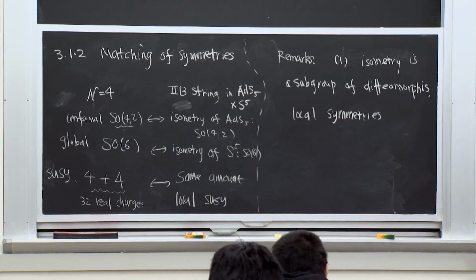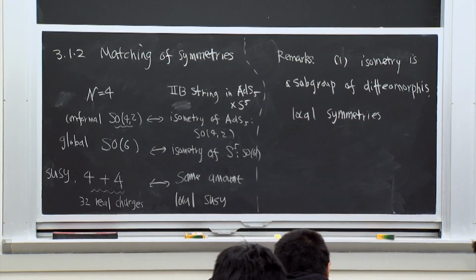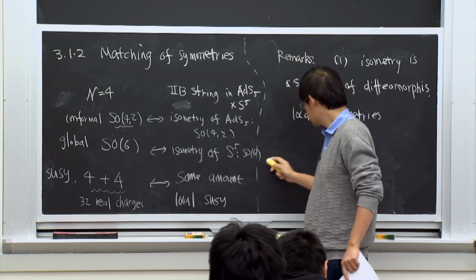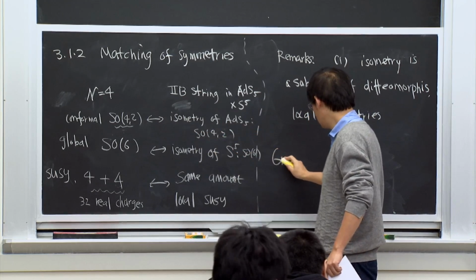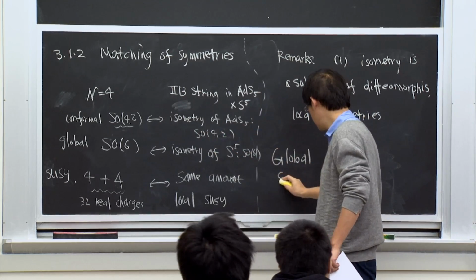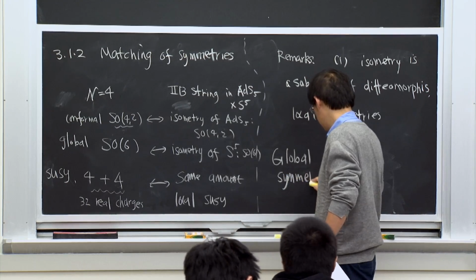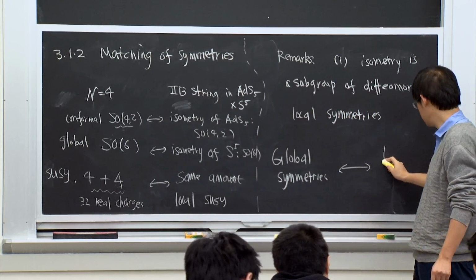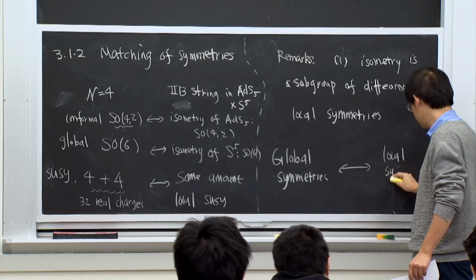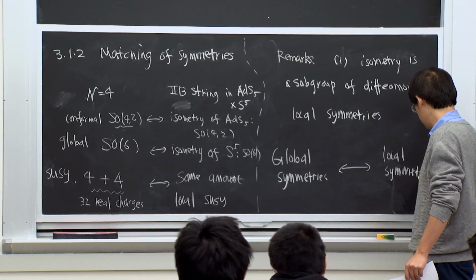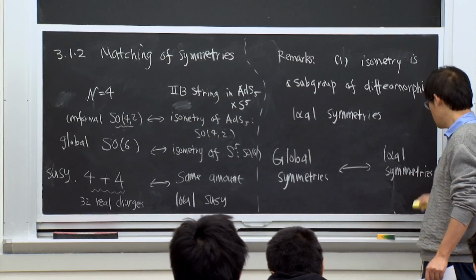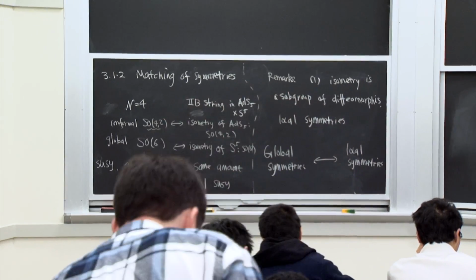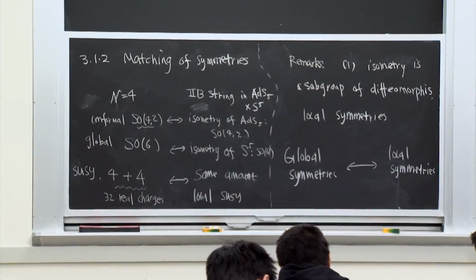So now we find the mapping is that the global symmetries on the field theory side are mapped on the gravity side into local symmetries. So for each global symmetry on the field theory side, there's a corresponding local symmetry on the gravity side.